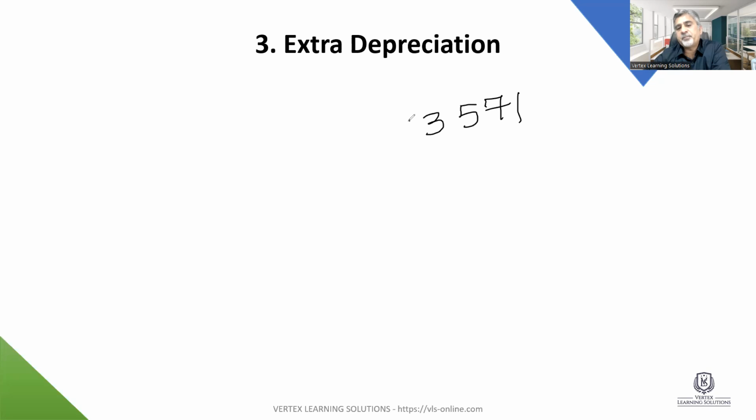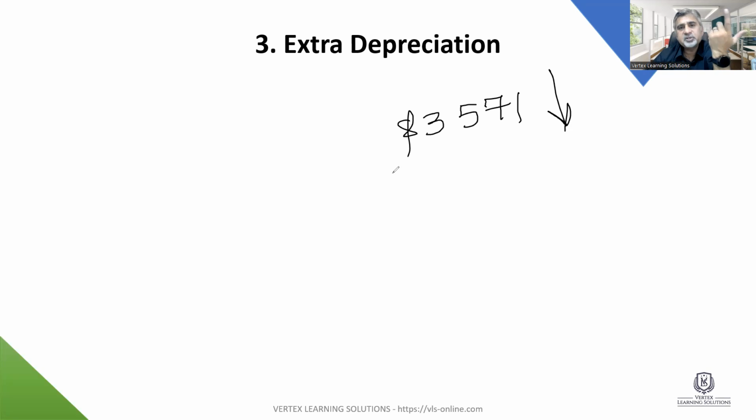Because if all other things are same, if my revenues and costs and all other things do not change, my profit has decreased by this additional or extra depreciation amount.